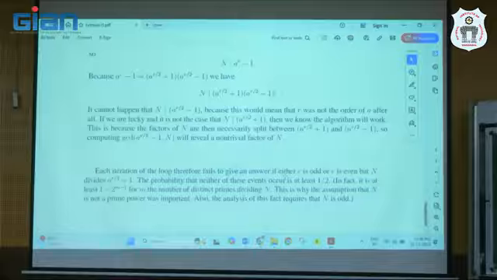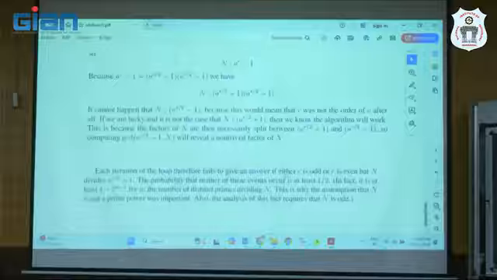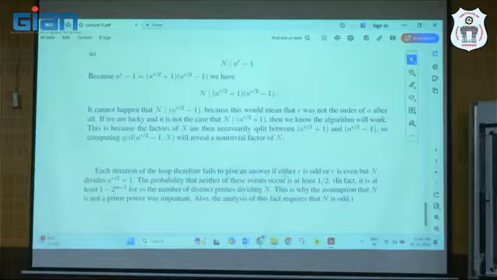Now we don't find the factor if any of these two bad events occur. But the probability that any of these two bad events occur is at most 2 to the power m minus 1, where m is the number of distinct primes dividing n. Two to the m minus 1. Where did it come from? Will it be a number between 0 and 1? Yes, of course. Oh, sorry.